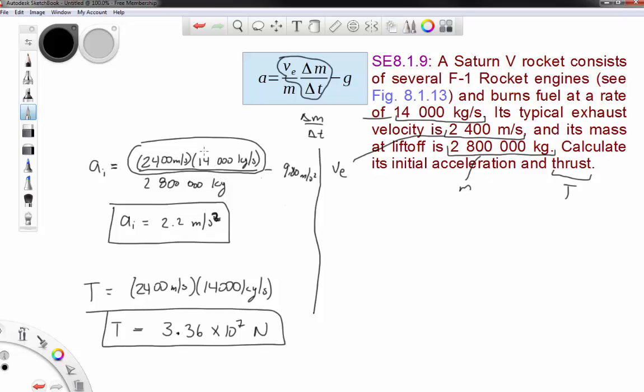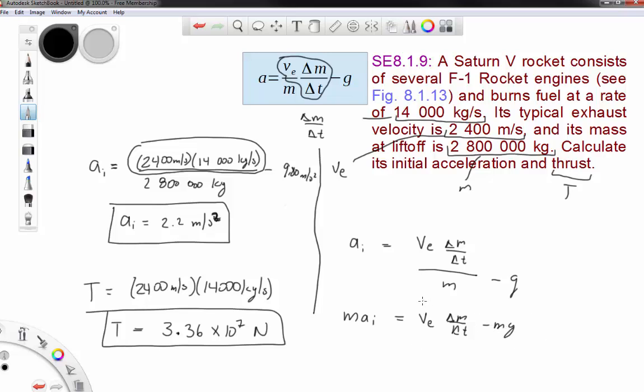The other thing to note is that you could rearrange this equation to see what's going on a little better. So we have a sub I is equal to VE delta M over delta T all over M minus g. So I'm just rearranging this equation a little bit. If I multiply everything by M, I have M a sub I is equal to VE delta M over delta T minus mg.